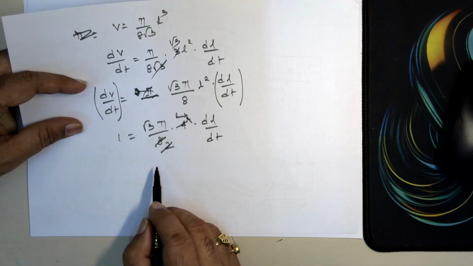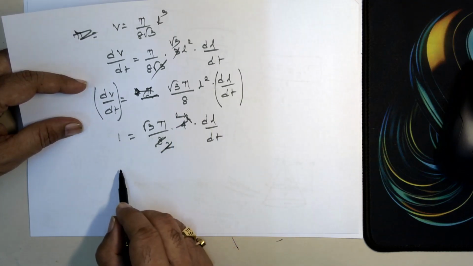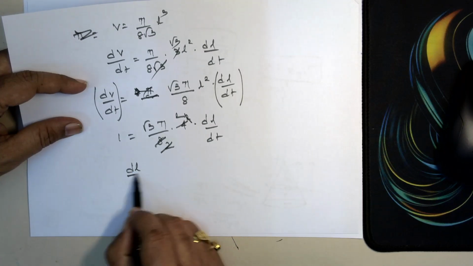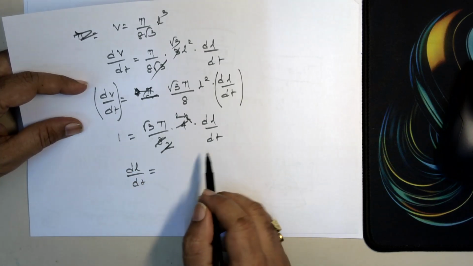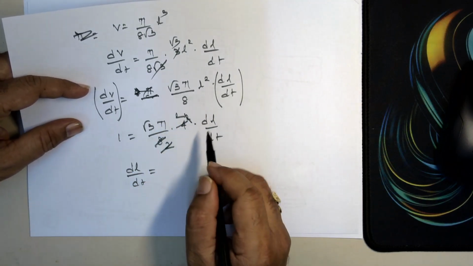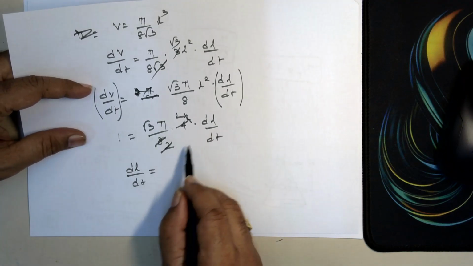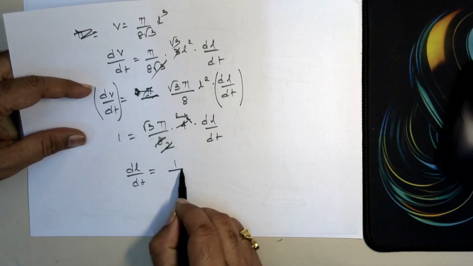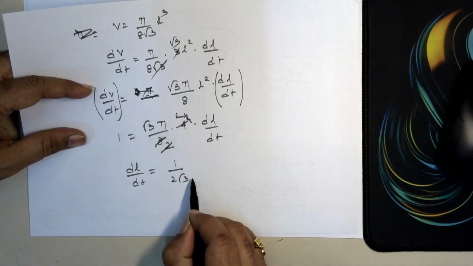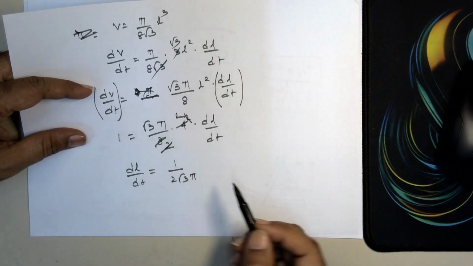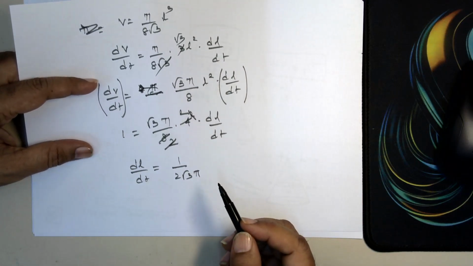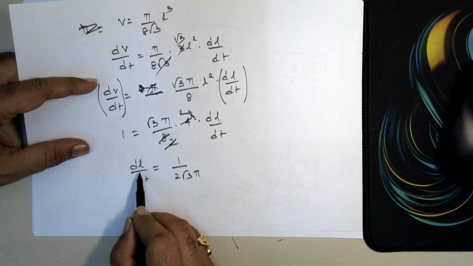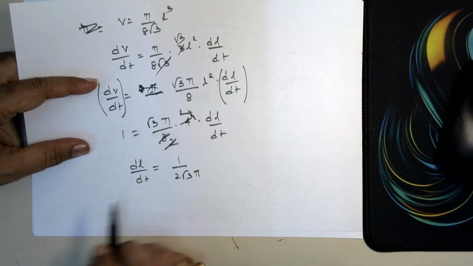Got it? So dL by dt is equal to 1 by 2 root 3 pi, right? So that is dL by dt.